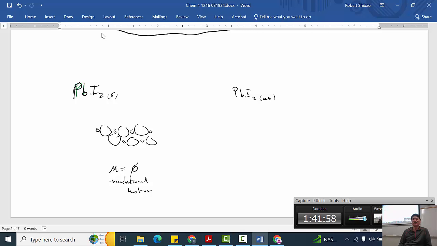So what's happening with PbI2 aqueous is the same thing. The water molecules are going to come in to break apart the lattice. But it's not easy. And so just like sodium chloride, water molecules come in, and they're going to collide with the lattice and try to dissociate it.